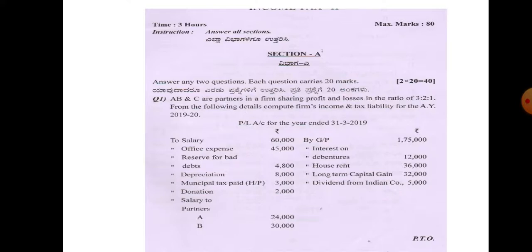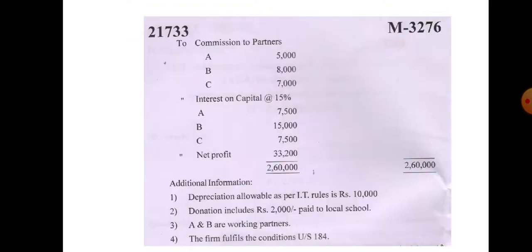Still you have to go for deducting depreciation of rupees 2,000. That adjustment you take under the allowable expenses head. Under the head allowable expenses, you deduct depreciation 2,000, because 8,000 is already deducted. Still 2,000 more is to be deducted. And another adjustment is the donation, which includes 2,000 paid to a local school.